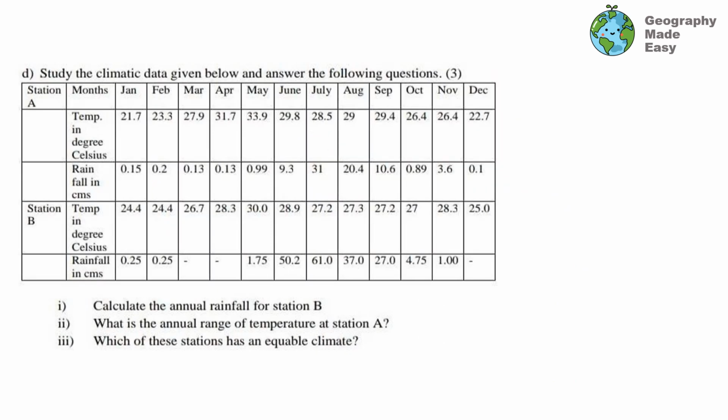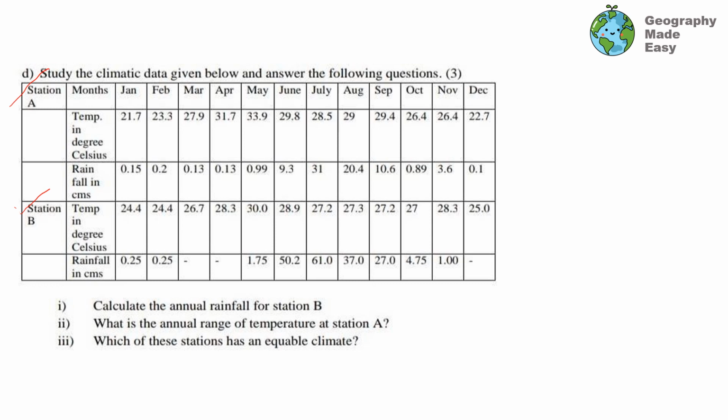Now, this type of question has been asked in the ISC several times, and this is a very interesting question. We can see that there are two stations which have been marked here, station A and station B, and the temperature and the rainfall is given. So we don't have to plot the diagrams and make the climatic diagrams here, but we should be able to interpret the data which is given.